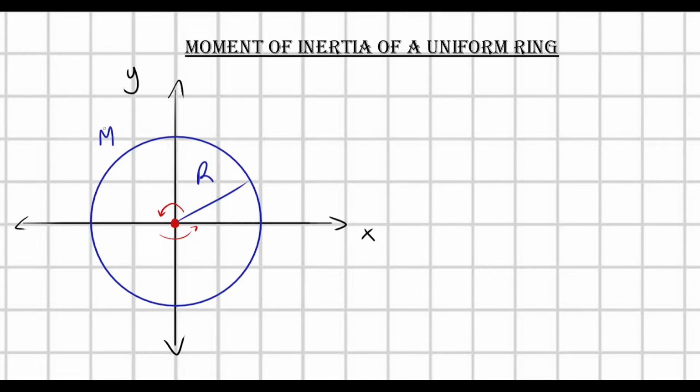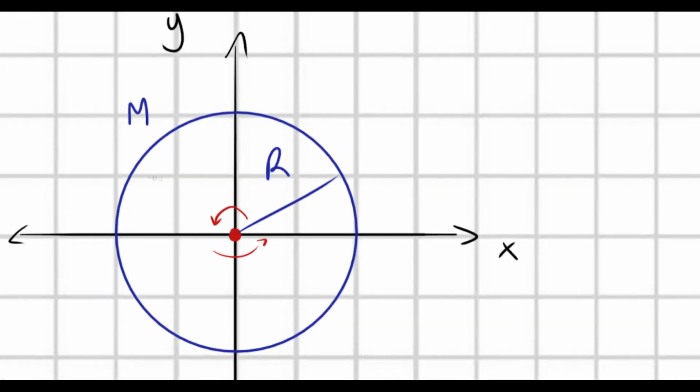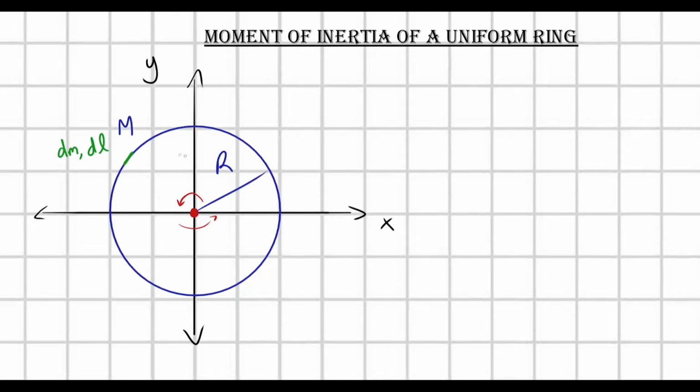Right, so as usual, we're going to start by labeling one of our infinitesimal mass elements. So this little infinitesimal mass element is going to have some dm, and it's going to occupy some infinitesimal linear spatial element, which I'll call dl, right? And of course, it's going to be located some distance away from the axis of rotation, which I'll go ahead and, just like in previous videos, call gamma.